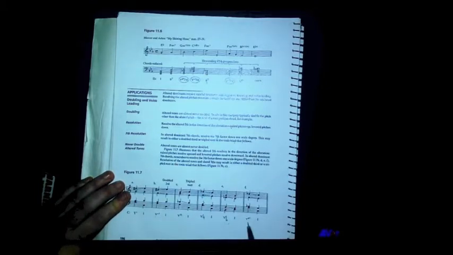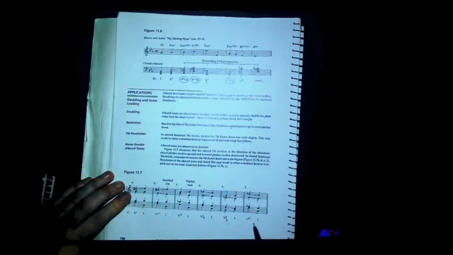And then finally, here's our half diminished 7th with a lowered 3rd and 5th. And as you can see, we've got our D flat, F, and G. So G, B flat, D flat, F is our chord.